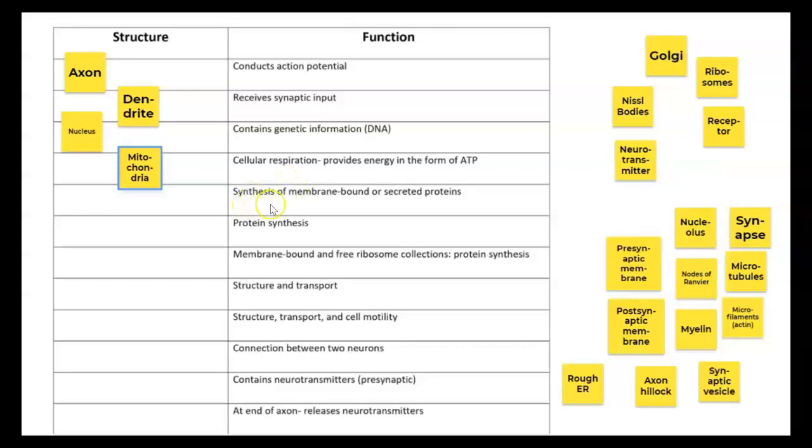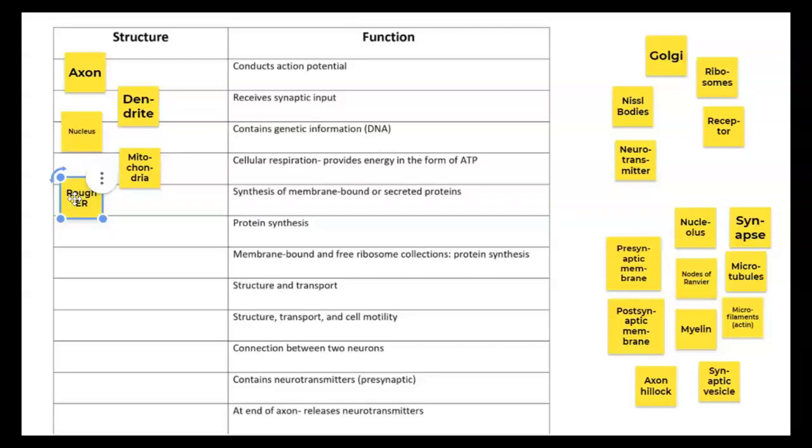The structure that is going to synthesize membrane-bound or secreted proteins, that is the rough ER. ER just stands for endoplasmic reticulum. I don't have smooth ER listed on here, but the smooth ER is just the lipid synthesis.